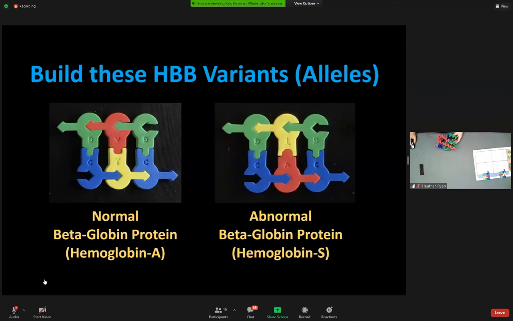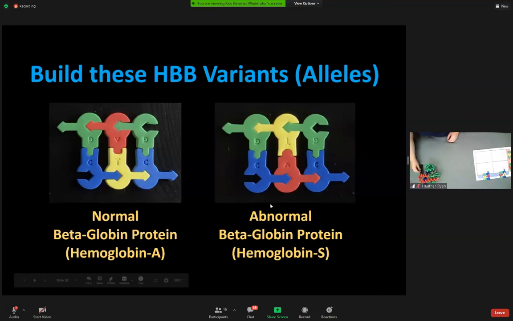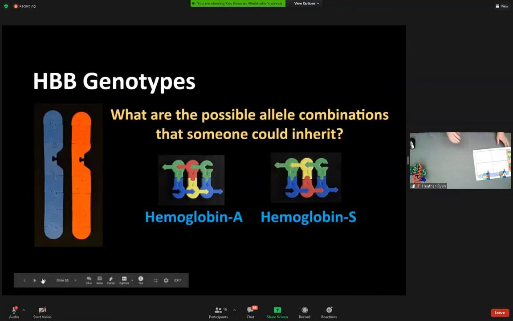And so the variants that you're going to see are the abnormal hemoglobin on the right and the normal hemoglobin, or beta globin, on the left. And for kids, what you want to lead them through, and the next slide shows this, is how individuals can inherit different genotypes because of the different alleles they could inherit.